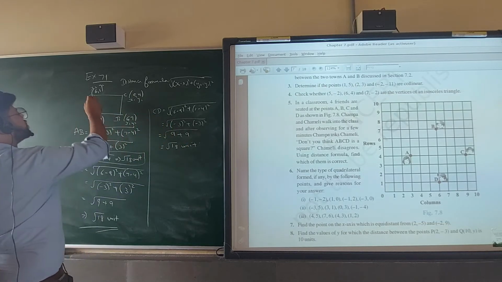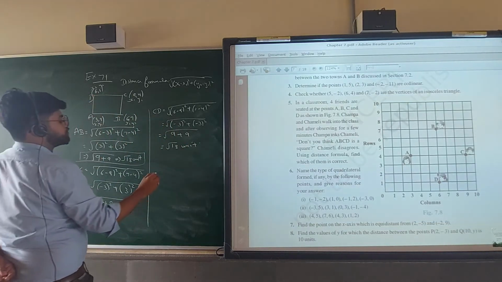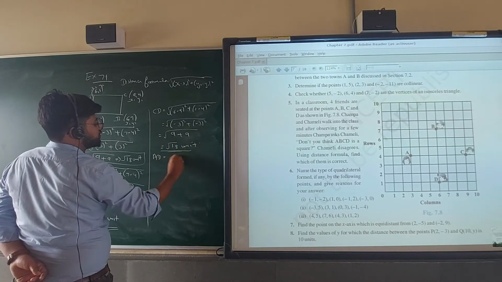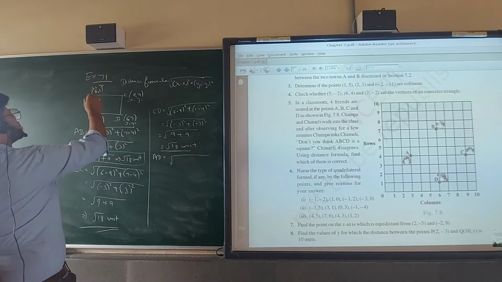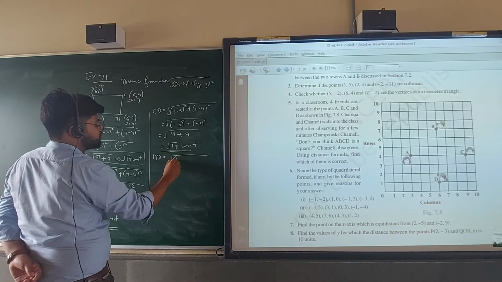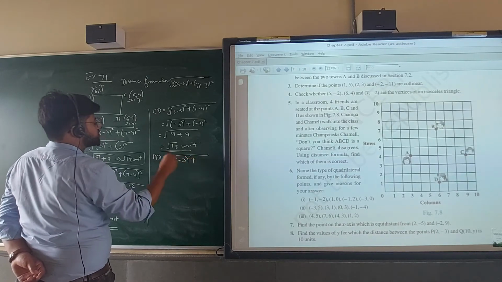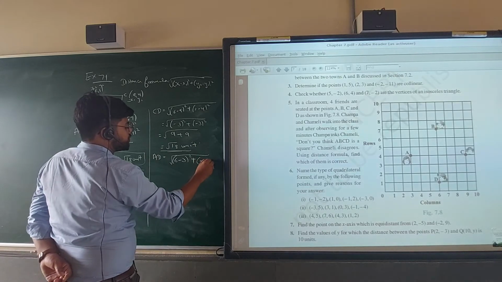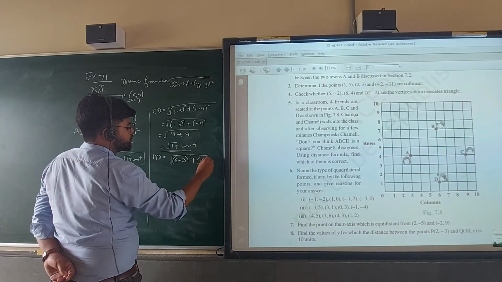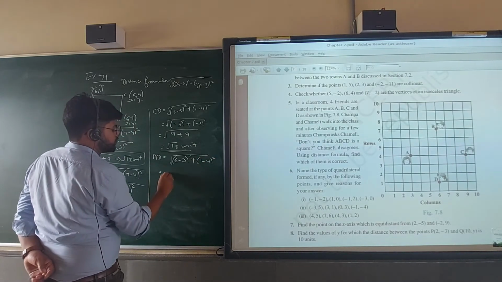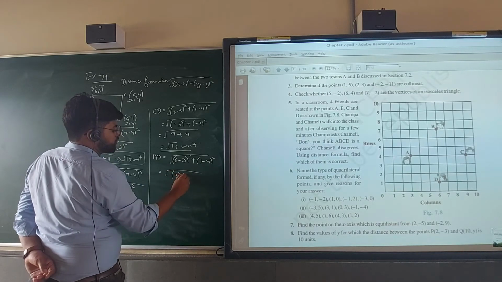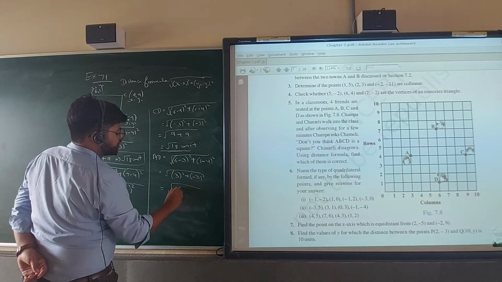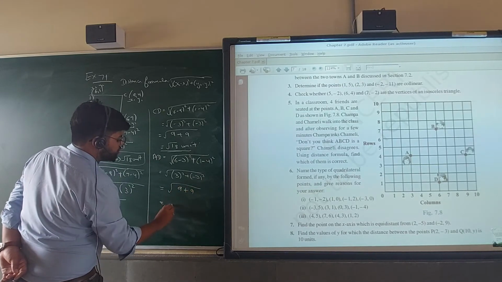And the last one is AD. x2 minus x1, 6 minus 3 square, plus y2 minus y1, 1 minus 4 square, 3 square, here also minus 3 square, again 9 plus 9, root 18.